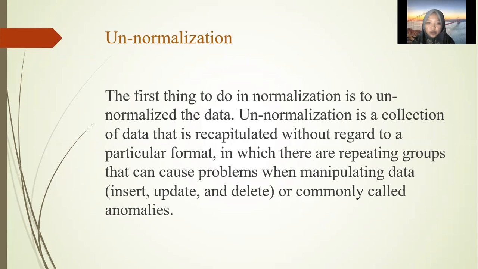The first thing to do in normalization is to make the unnormalized data. An unnormalized form is a collection of data that is recapitulated without regard to a particular format, in which there are repeating groups that can cause problems when manipulating data like insert, update, and delete, or commonly called anomaly.